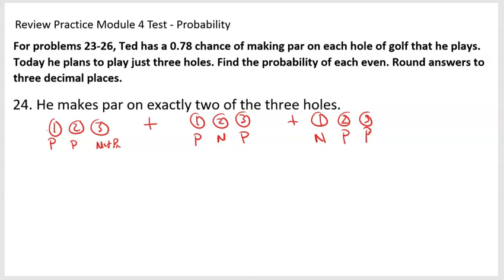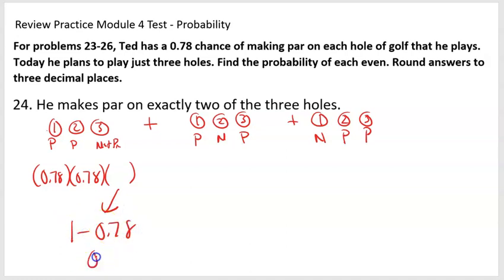This ought to remind you of employees picking days of the week. It's very similar. So par on the first hole is 0.78. Par on the second hole is 0.78. Hey, what's not par? If he makes par, the only options are he makes par or he doesn't. So to get not par, it's going to be 1 minus 0.78, right? Which is 0.22.